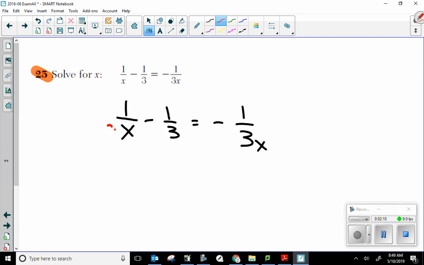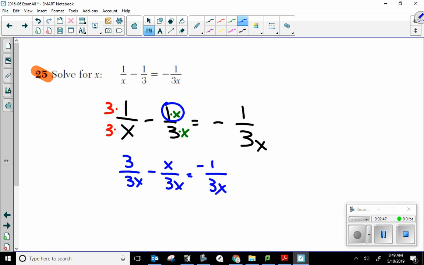So if I multiply the bottom by 3, I have to multiply the top to keep that fraction the same value. My middle fraction, 1/3, has a 3 on the bottom, but it doesn't have an x. So if I multiply this bottom by x, I also have to multiply the numerator by x to keep that balanced. And my fraction on the far right already has a 3x. So let's rewrite this. We've got 3 over 3x minus x, because 1 times x is x, over 3x equals negative 1 over 3x.